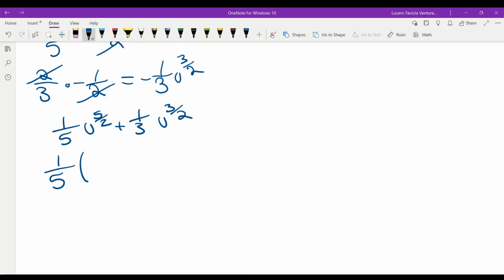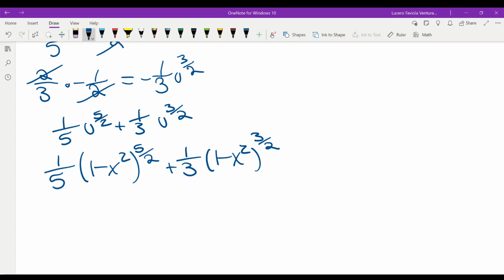We get 1/5 times 1 minus x squared to the power of 5 over 2 plus 1/3 times 1 minus x squared to the power of 3 over 2 plus c. Because we never had any bounds, we weren't able to integrate to a value. And this is our answer.